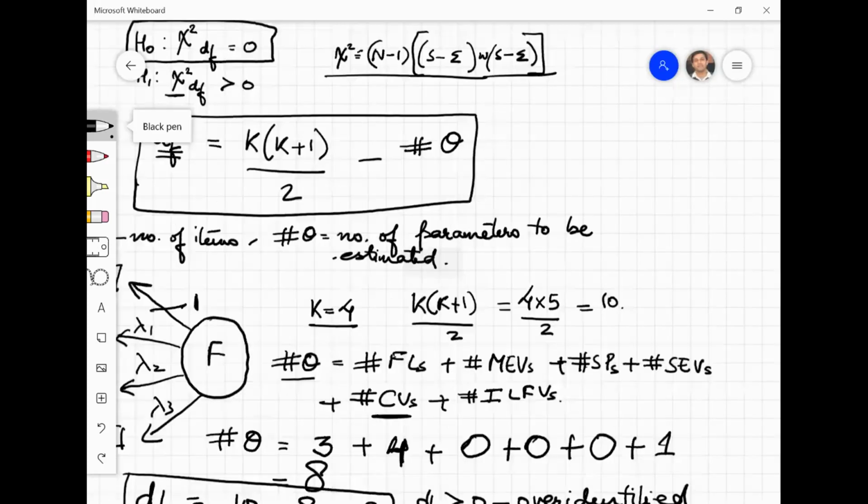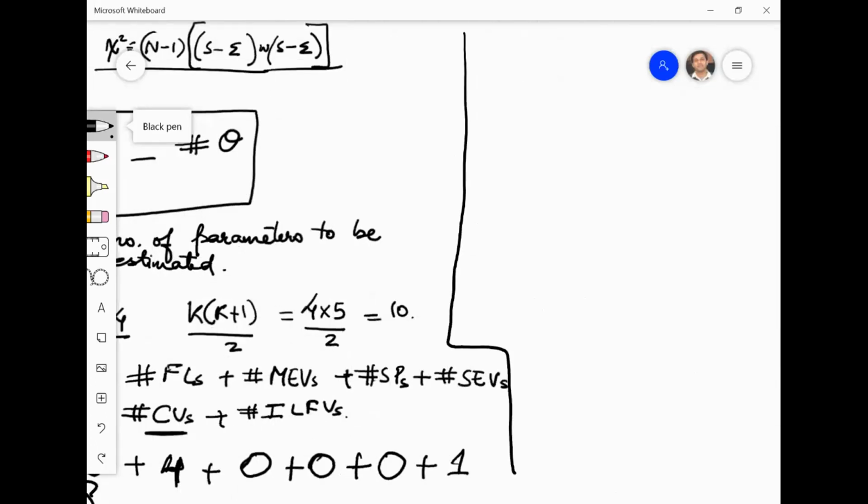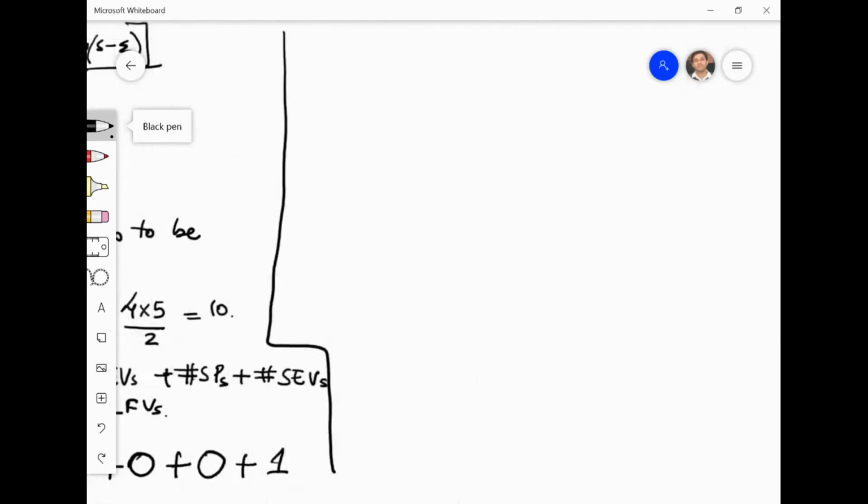Now let us take another example. Everybody, pick up your pen and a piece of paper. Let us compute the degree of freedom of this model now.